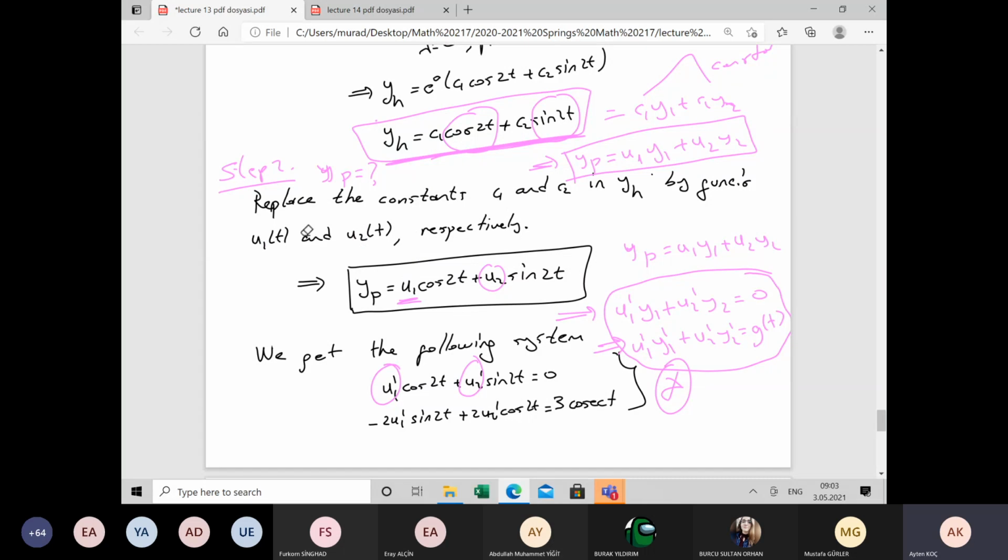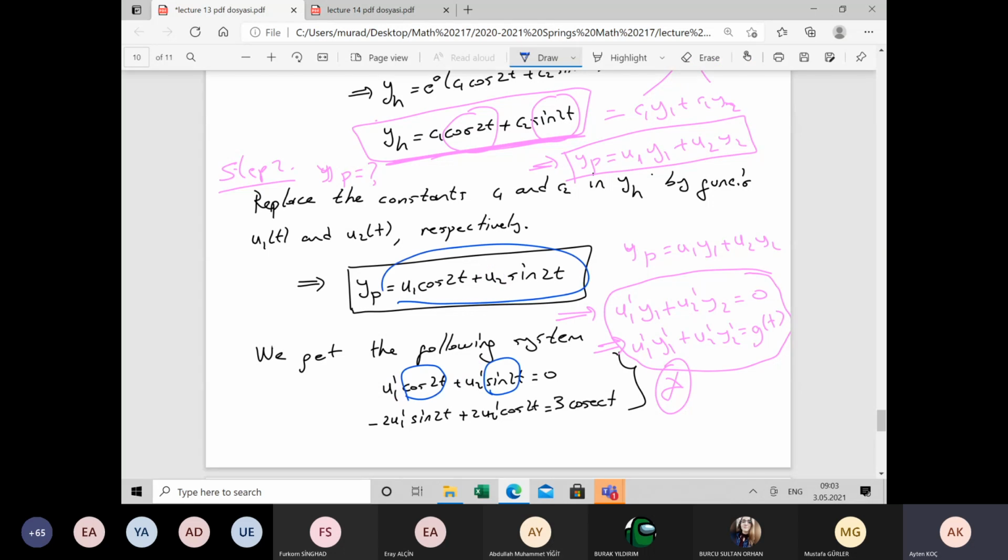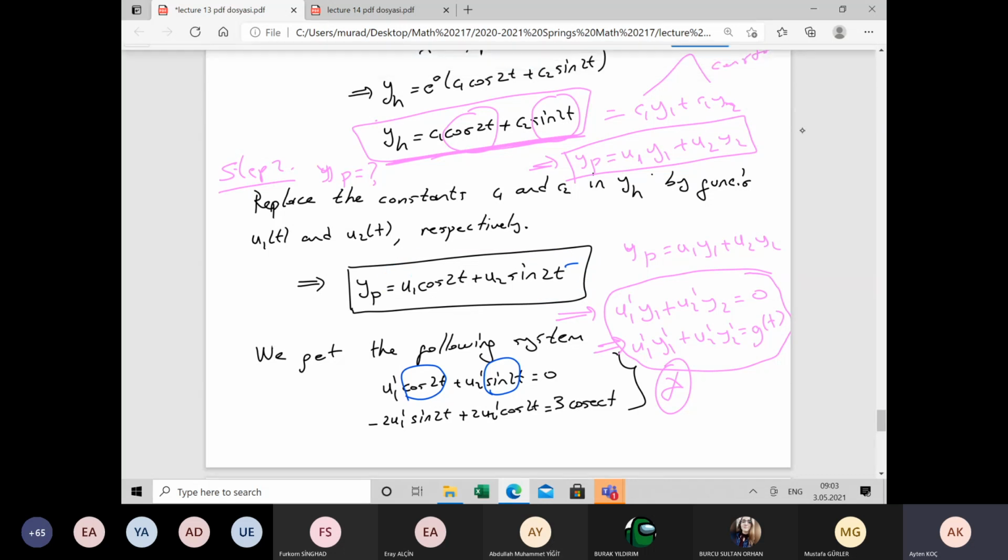So we obtain our system. U1 y sub 1 plus U2 y sub 2 is 0. Look at this one, U1 prime, U2 prime is 0, the first one. So how do we get the second one?